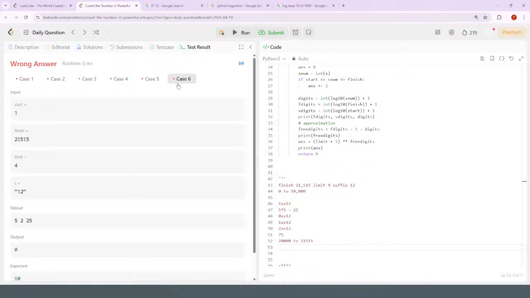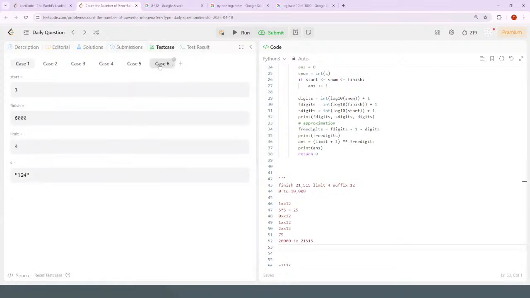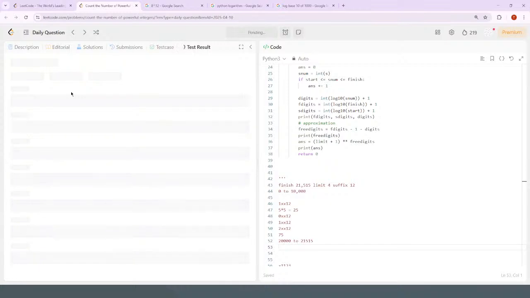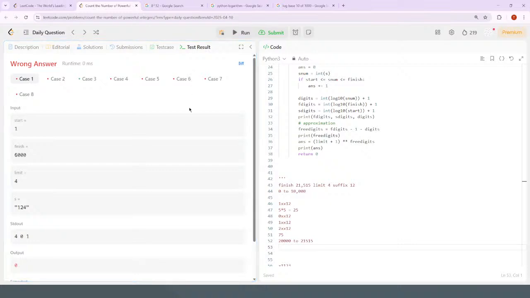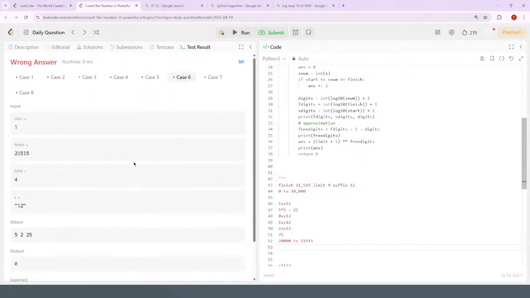Let me just verify this. So if I do 1 to 20,000, and then another one when it's 20,000 to 21,515. 1 to 20,000 should be 75, no, 50, 60.